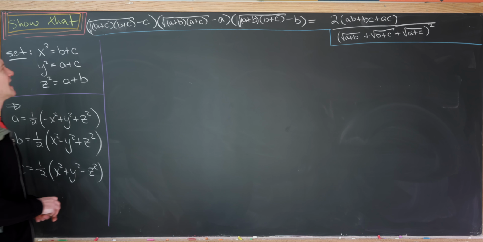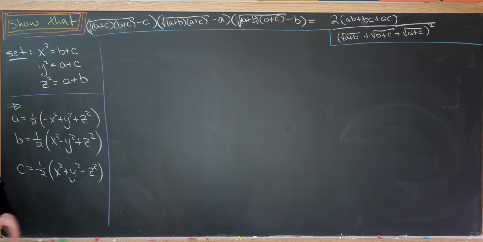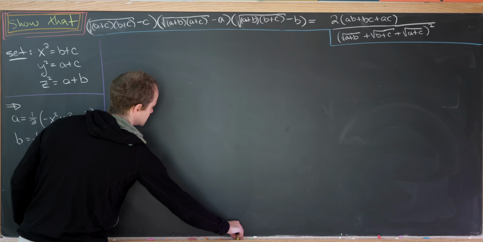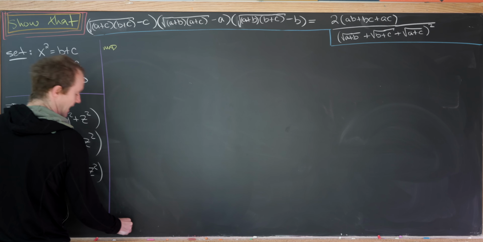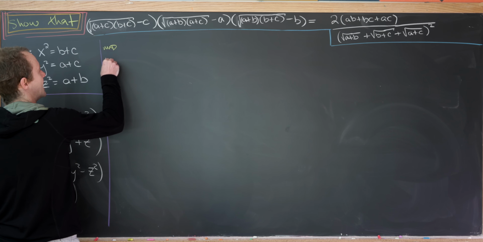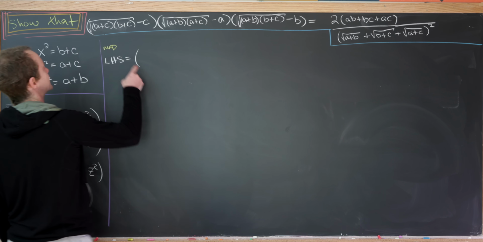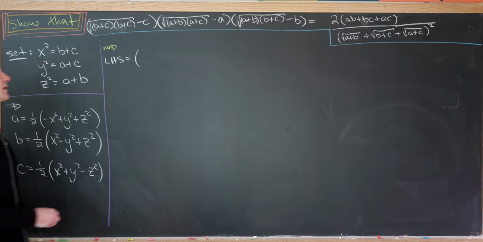And now I'll take this left-hand side of the equation and denote it as LHS. So here's what we have. This all implies that the left-hand side now looks like, well, let's see, this square root of a plus c times b plus c will simply be x times y, given that those are x squared and y squared.